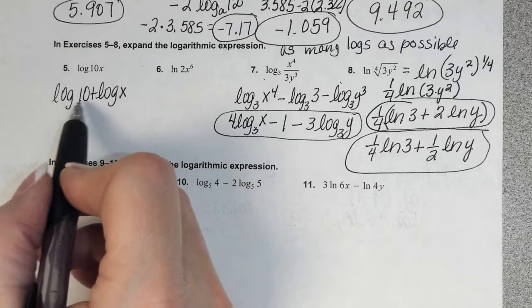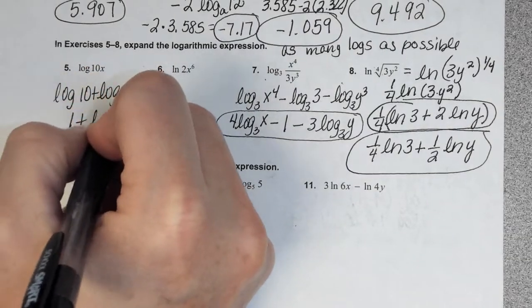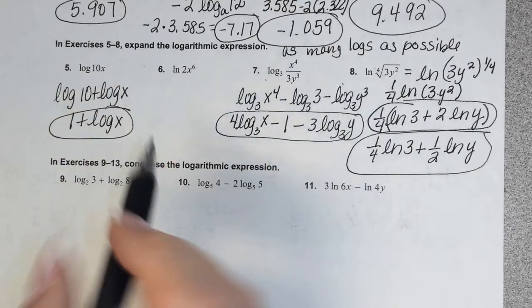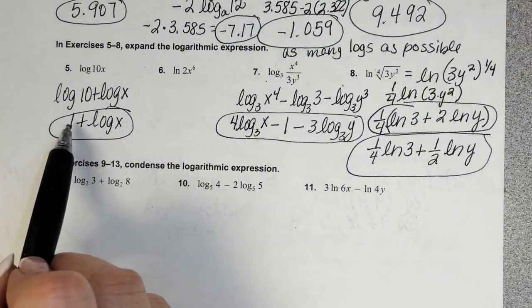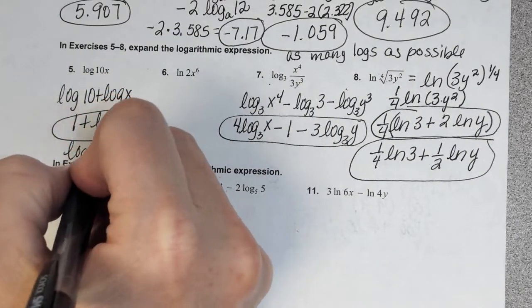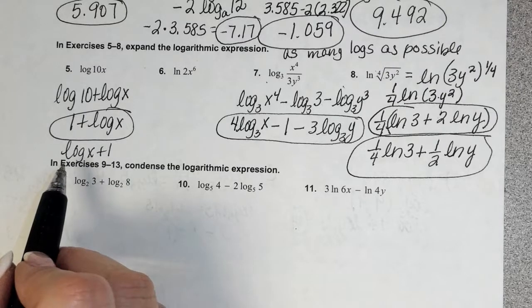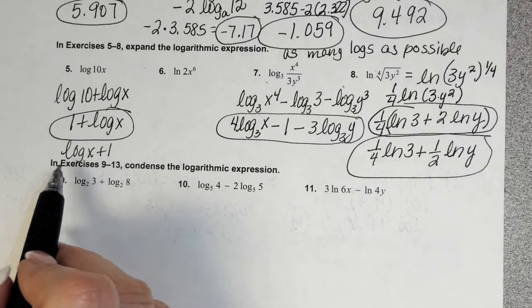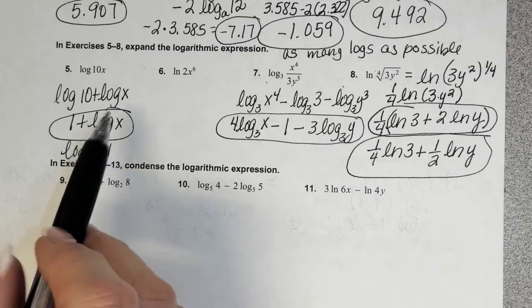And then what is log 10? So it's 1 plus log x. So you can either have it written as 1 plus log x or log x plus 1. If you wrote it as log x plus 1, would you put parentheses around the x plus 1? No. In fact, that would make it incorrect to put parentheses around that.